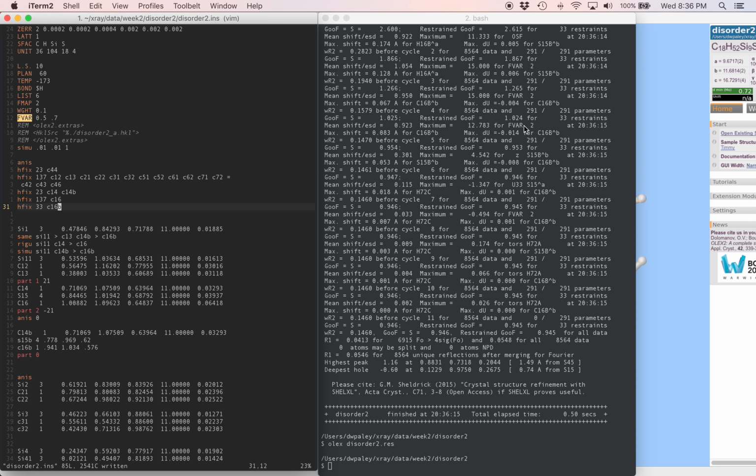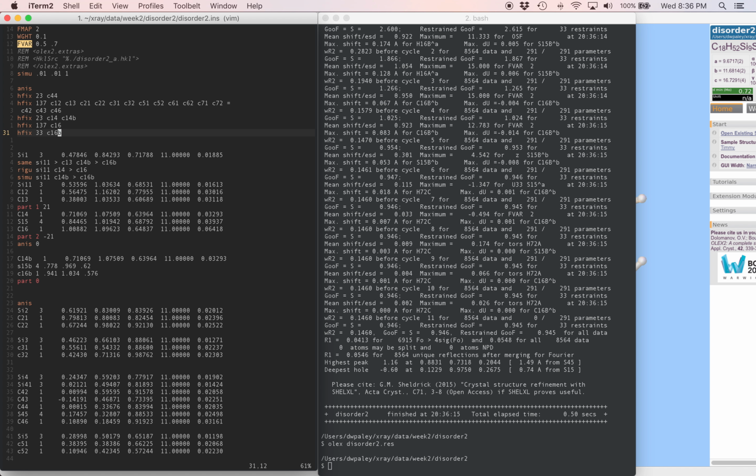We talked about not enough density to find very much detail in a less occupied component. So we're going to go to something called a group isotropic ADP for these atoms. We're going to set the isotropic ADP for all three of this minor component to be equal to a free variable, and then they'll refine together.